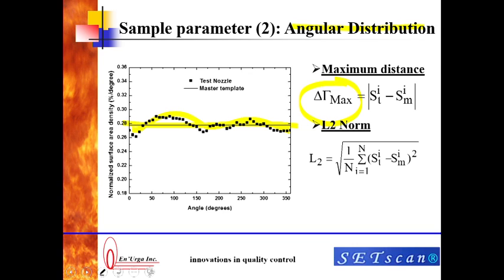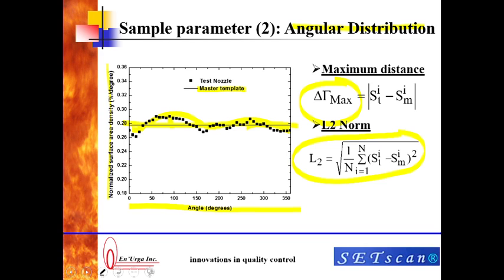The first is the maximum distance, which means the maximum distance any one of these points can be from the ideal, and the second is the average distance. This is a measure of how many of these points, and how far away they are, from the master template, which is shown here. This is shown as the surface area density as a function of angle in degrees.